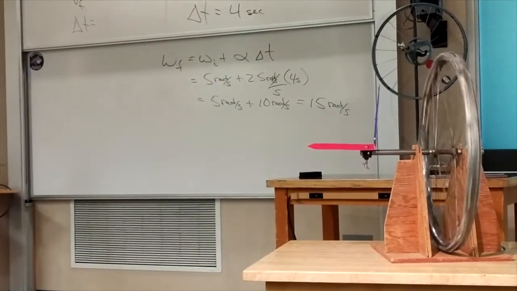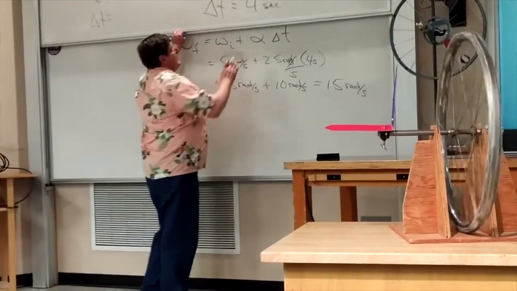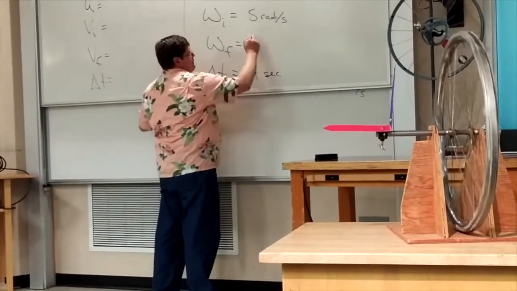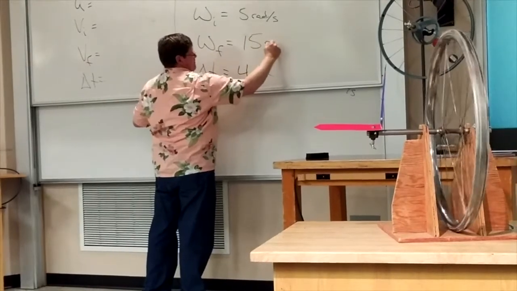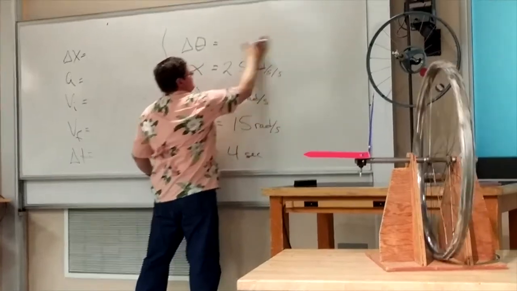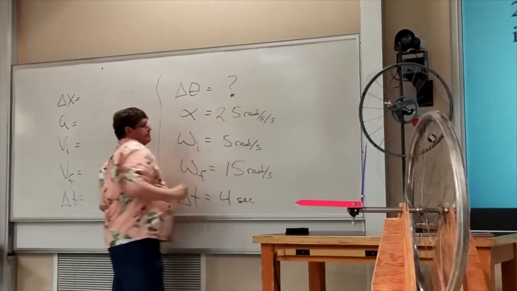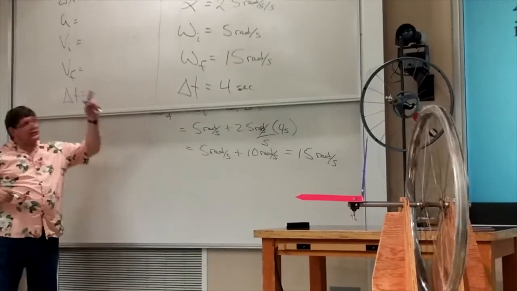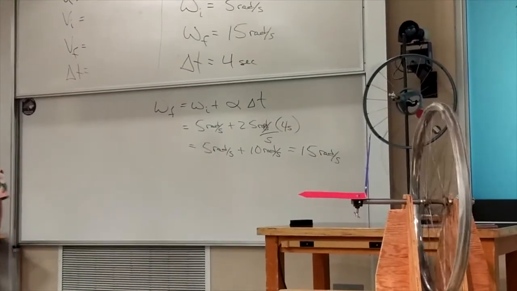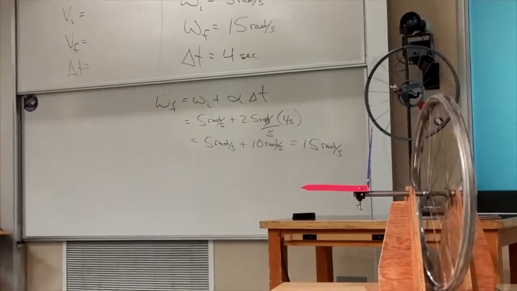Now, if I'm looking for the angle, I'm looking for delta theta. I plug in 15 radians per second, and now this goes from who cares to being worth $400,000. But because I have 4 pieces of information instead of 3, I can use more than one equation.